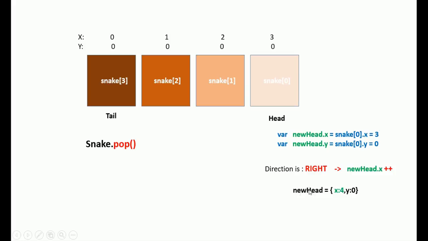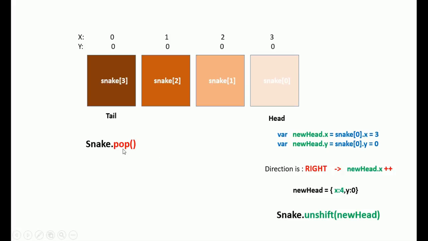Now this new head we will add to the beginning of our snake. For that we're gonna use the snake.unshift function. This unshift function will take the new head and add it to the beginning of our snake array. Now this code will give us something like this.